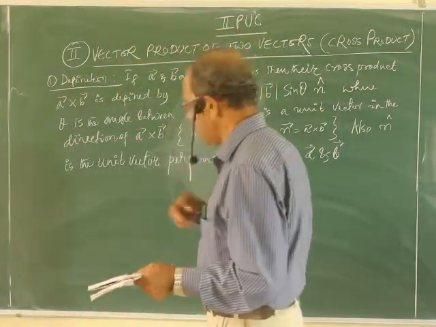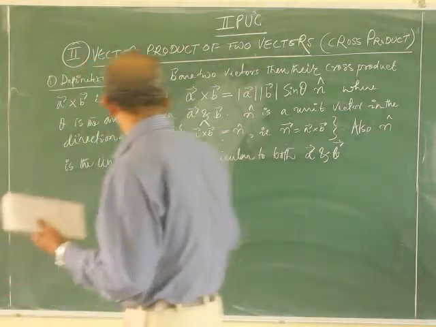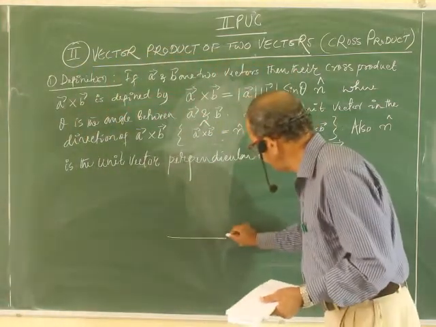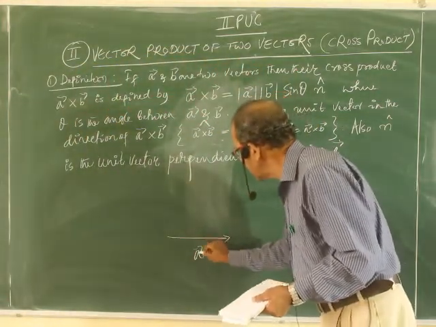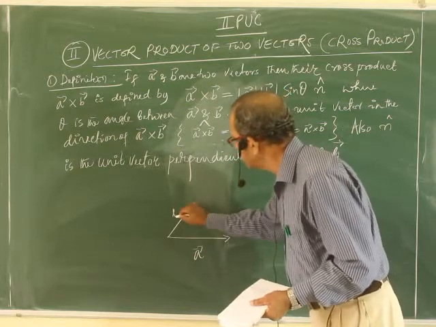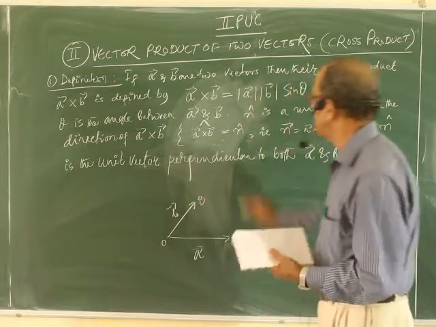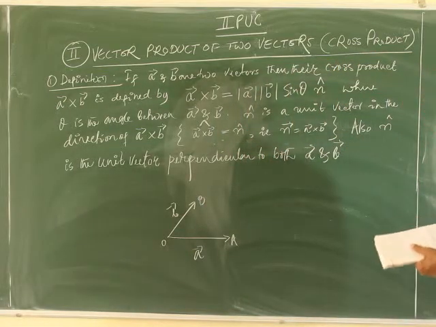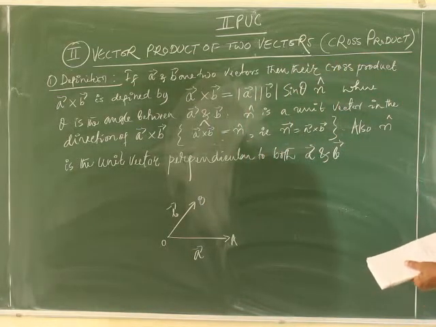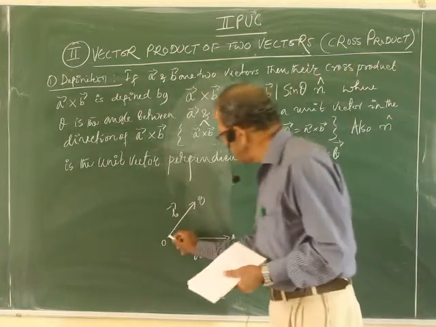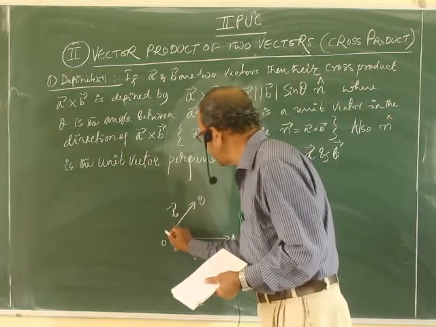So if we draw the figure, vector A, vector B, then n cap will be perpendicular. It cannot be shown.